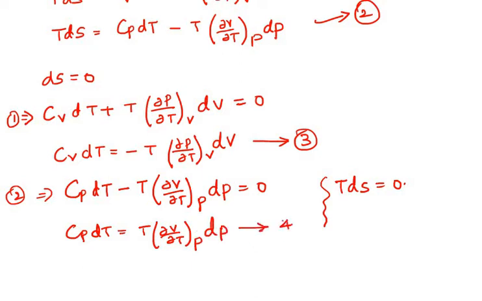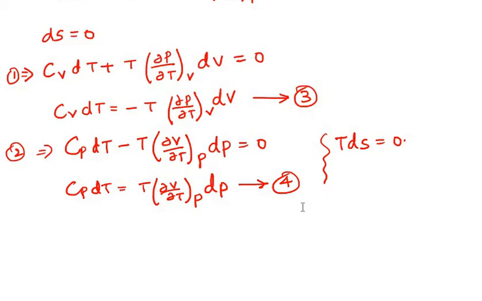This you take as equation 4. Since we are taking a constant entropy process, we can put dT_S, dV_S, where S means it is a constant entropy process.